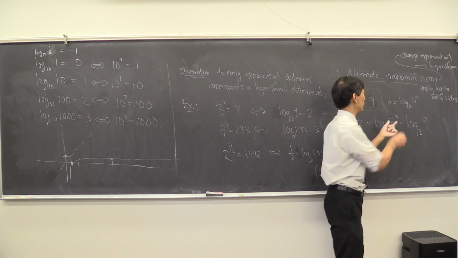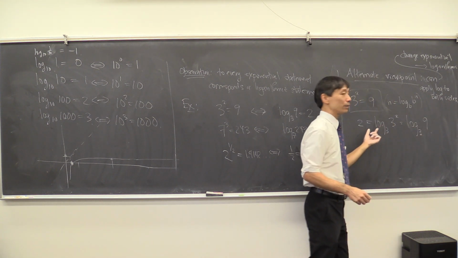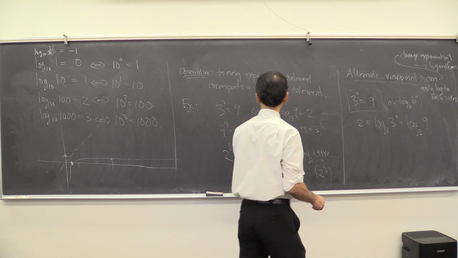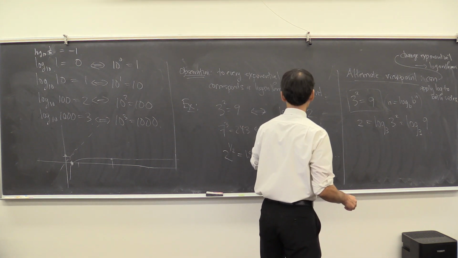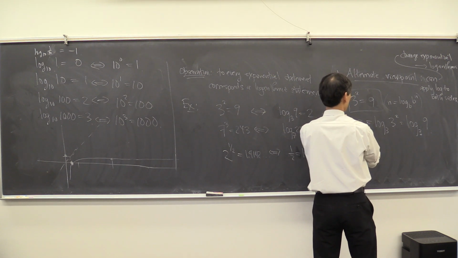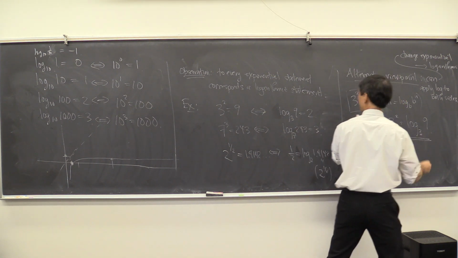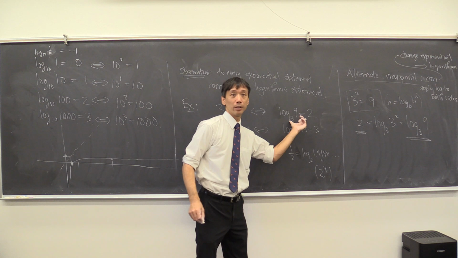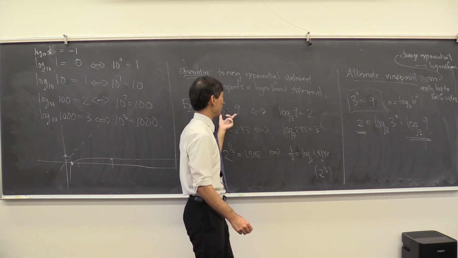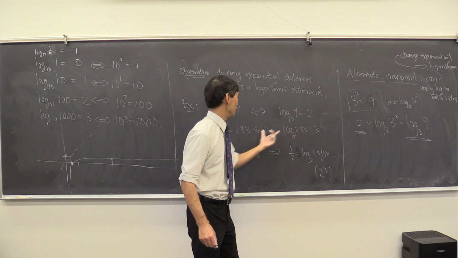So applying log to both sides, you see that 2 equals log base 3 of 9. That's the logarithmic statement, so you can get from the exponential statement to the logarithmic statement.